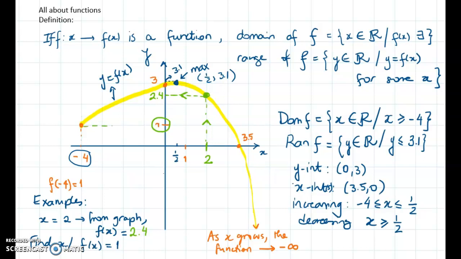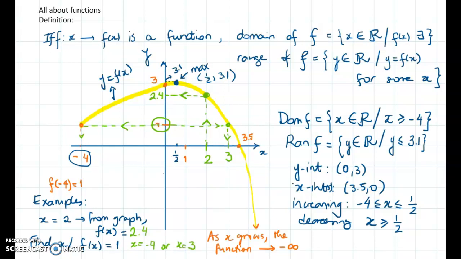So I have two possibilities here. I have one going towards the left, and I have one going towards the right. The left one corresponds to x equals -4. So x can be -4. And the right one, if I go down here, corresponds to x equals 3.